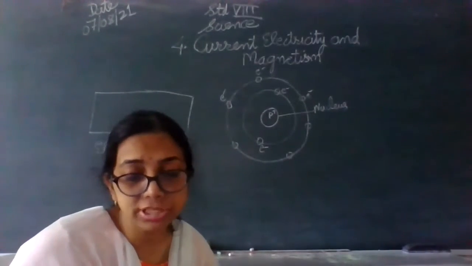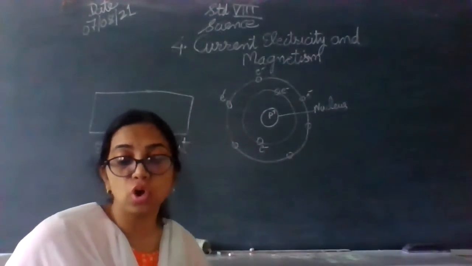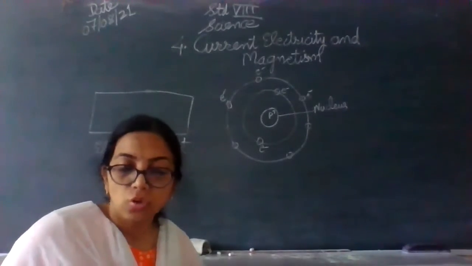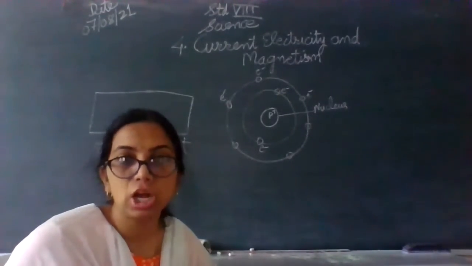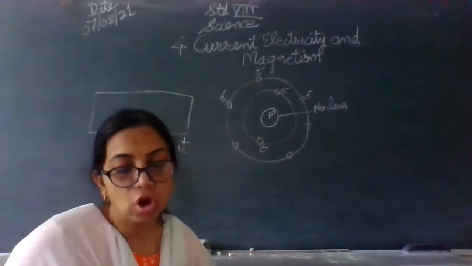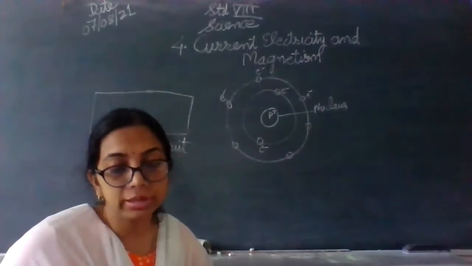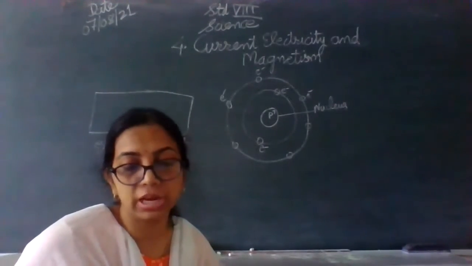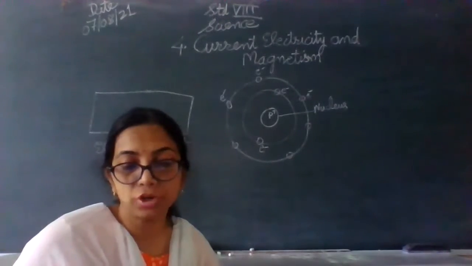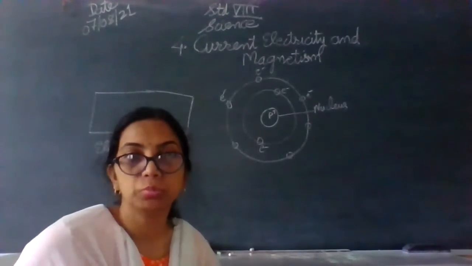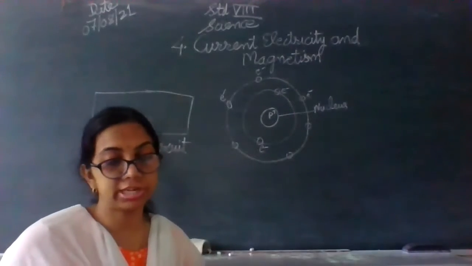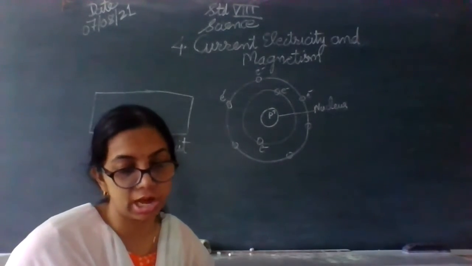Then can electricity be made to flow, like water flowing from a higher level to a lower level? Or you can learn that a force will have to be applied to put a stationary object into motion, that we have studied in the earlier class just now.